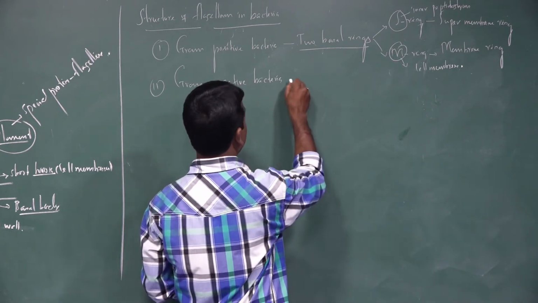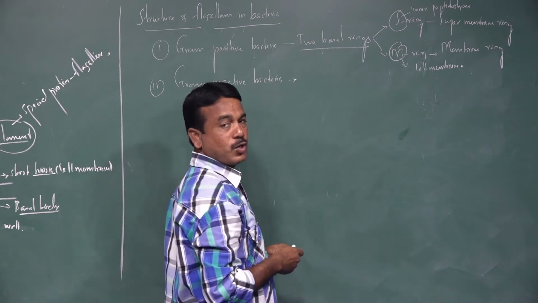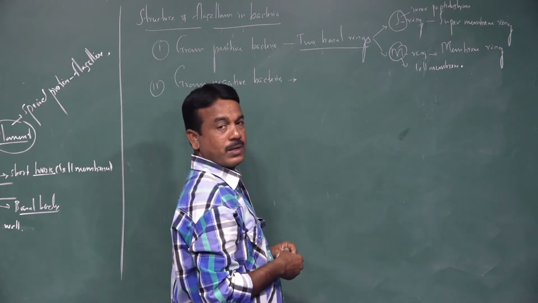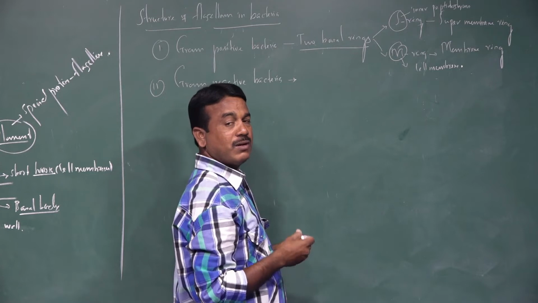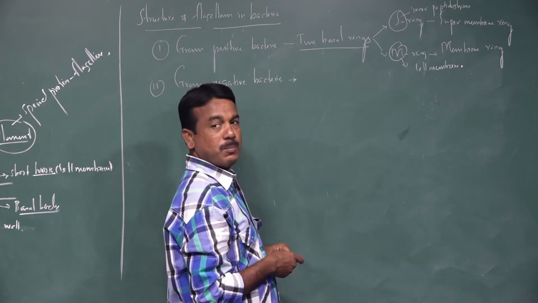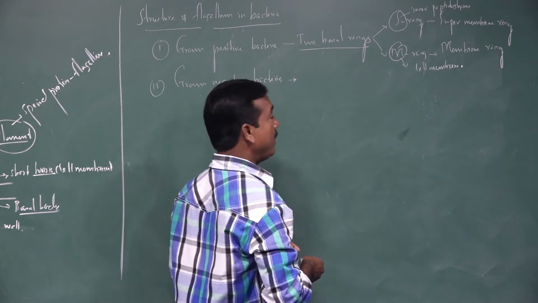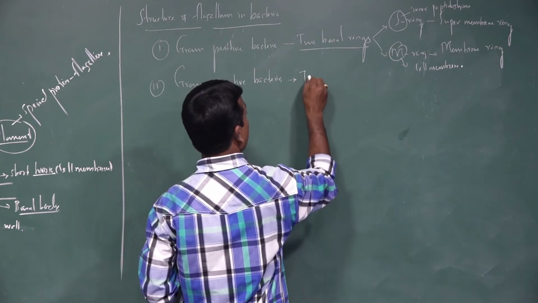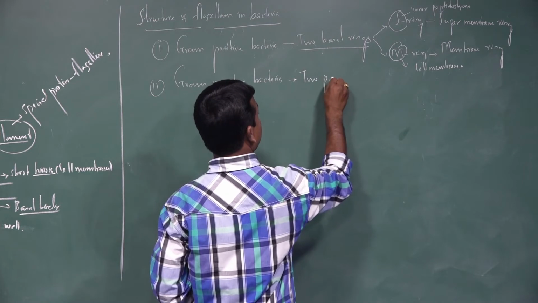Now, what is gram-negative bacteria? As I already indicated, bacteria that do not retain the purple color are gram-negative bacteria. Gram-negative bacteria possess two pairs of rings.